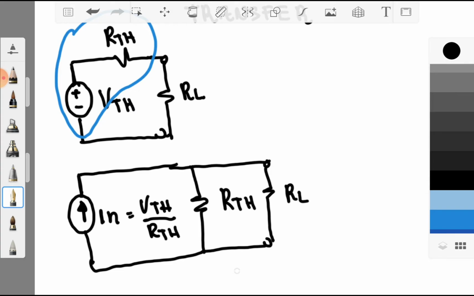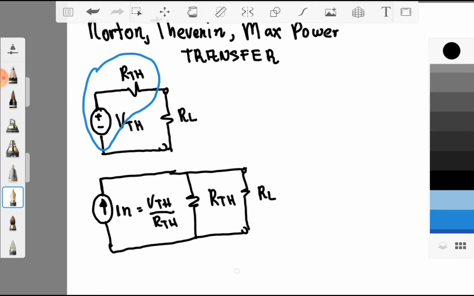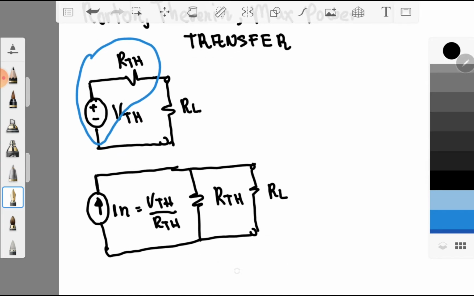So these are the properties of your Norton and Thevenin equivalent, wherein they are just the source transformation of each other. So pwede mong kunin yung IN using your VTH and your RTH.